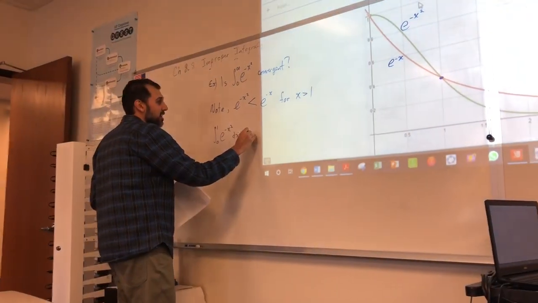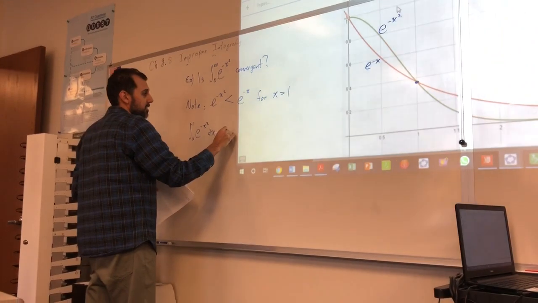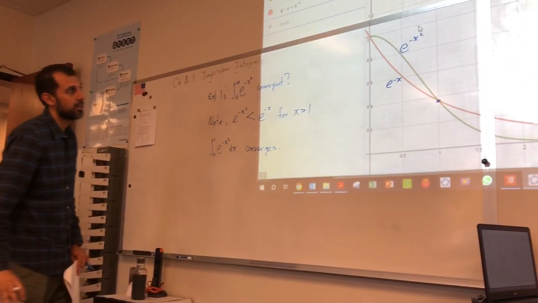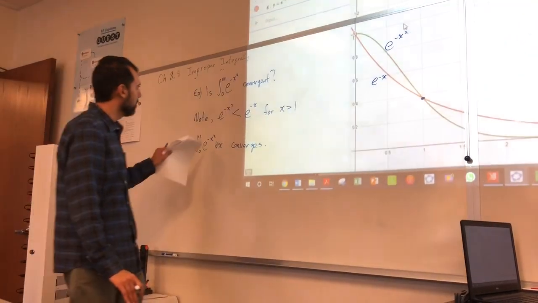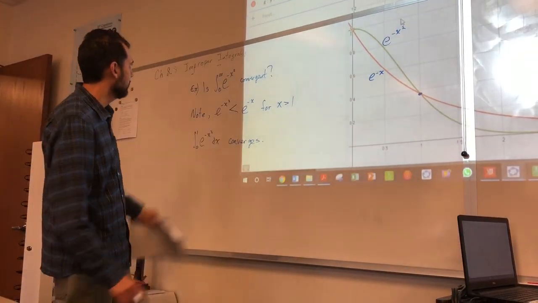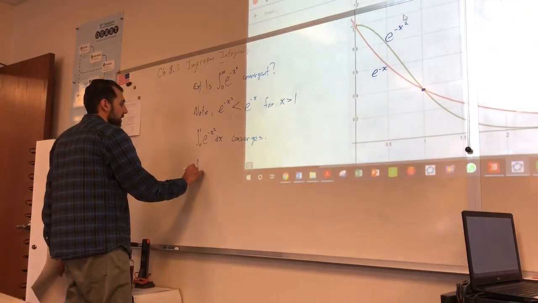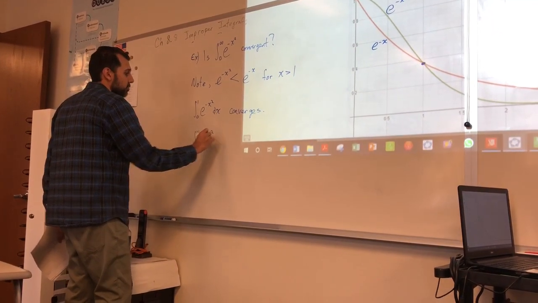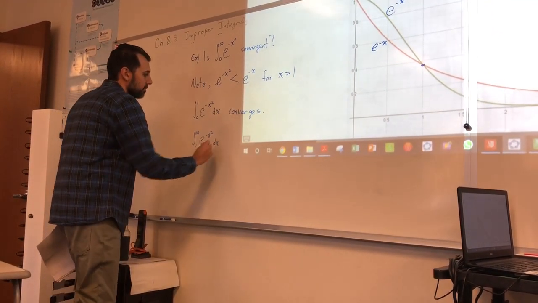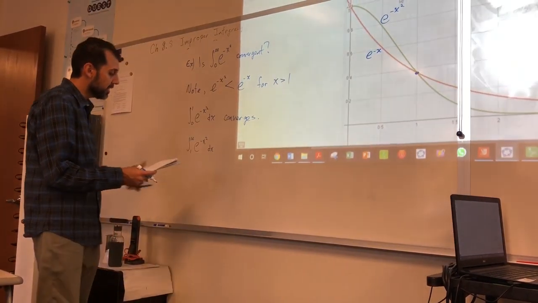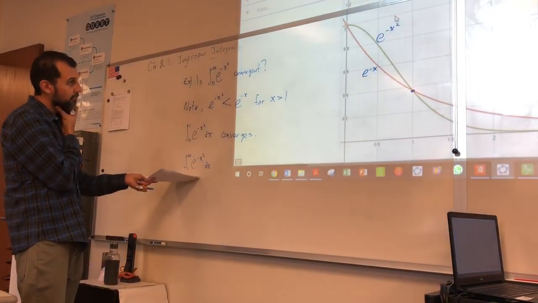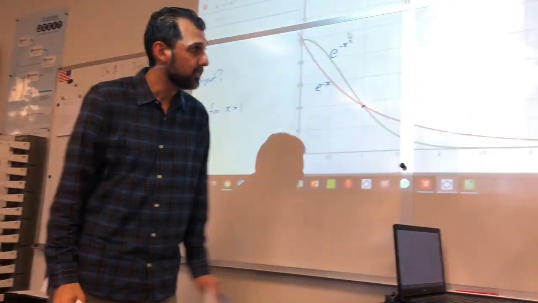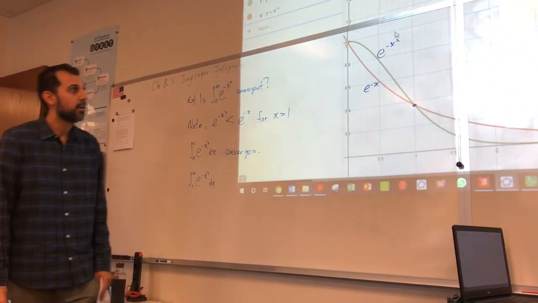So right here, all we care about is convergence or divergence. It converges, okay? Since it's a finite area over there. So instead, we're gonna really pay attention to the integral from 1 to infinity of e to the negative x squared. Okay? So this right here, if we were to compare this to the integral of e to the negative x, what's the relationship there?